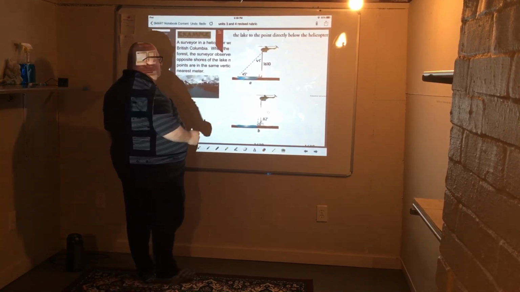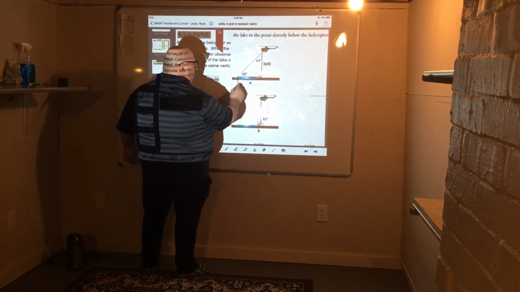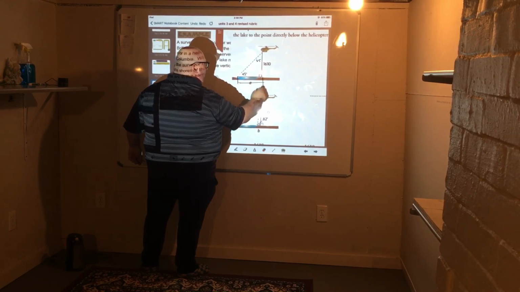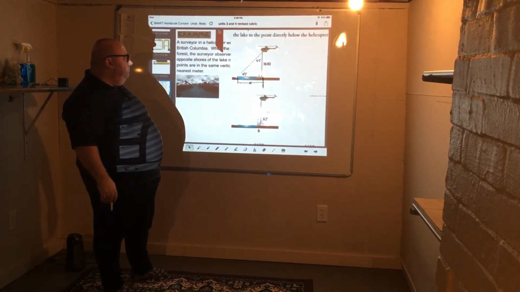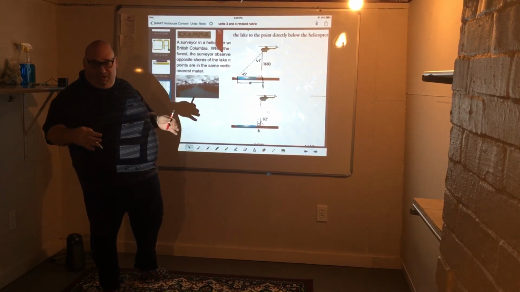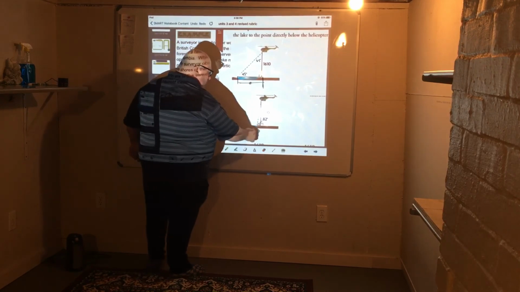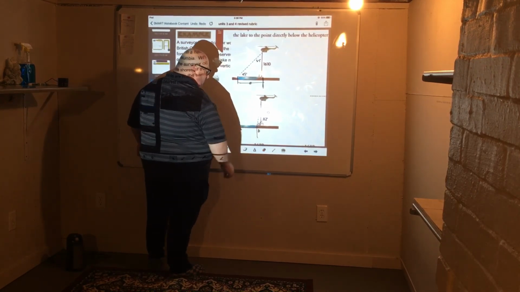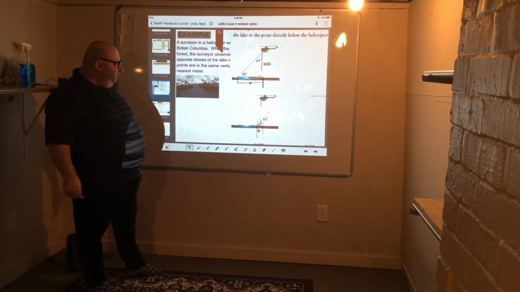But when you look at the picture, what that's really doing is it's measuring from this side of the lake over to where he is floating above the forest, all right? That's not the measurement of the lake, right? In our other picture, or other part of the triangle, we have this side of the lake to where he's floating above the forest, right?